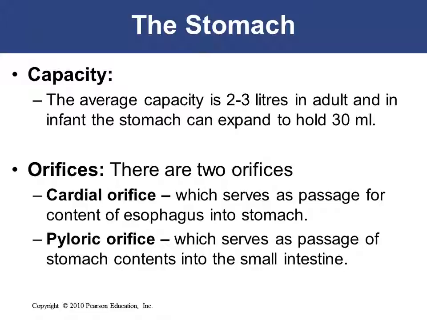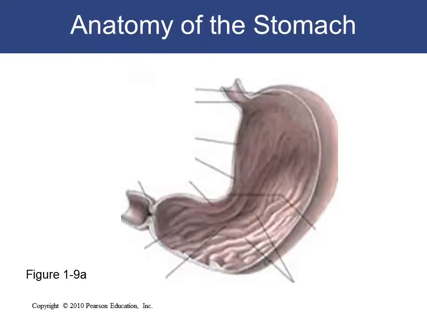The cardiac orifice serves as the passage for content of the esophagus into the stomach. That is the first opening, found at the entry of the esophagus to the stomach. And we have the pyloric orifice, which serves as the passage of stomach content to the small intestine, the part at which the stomach empties content into the small intestine.